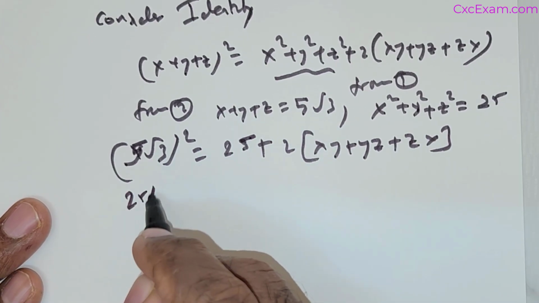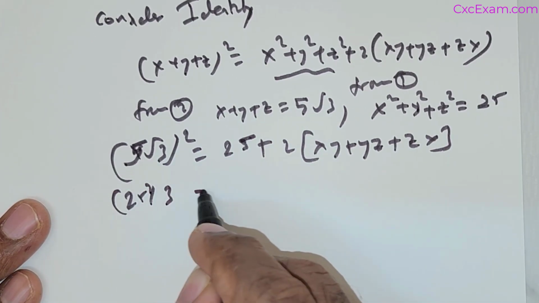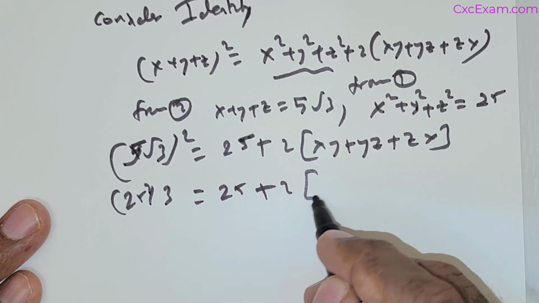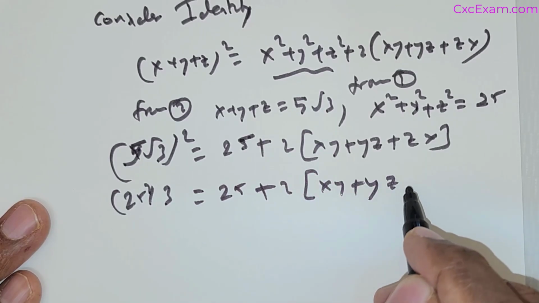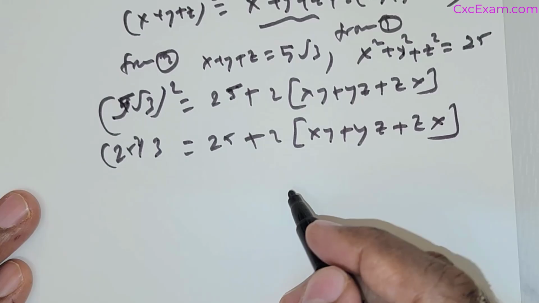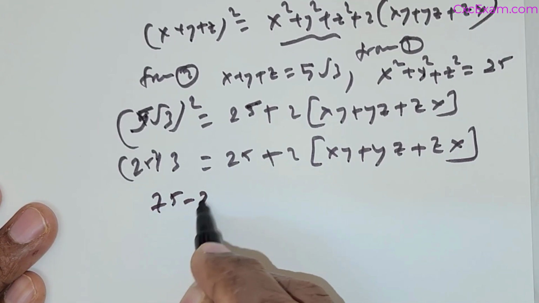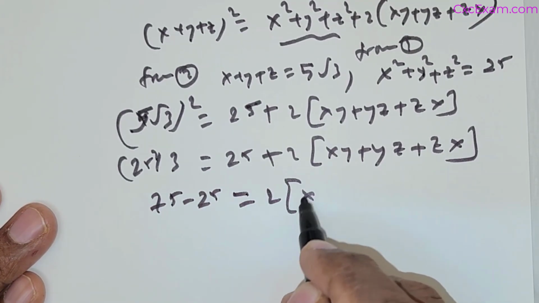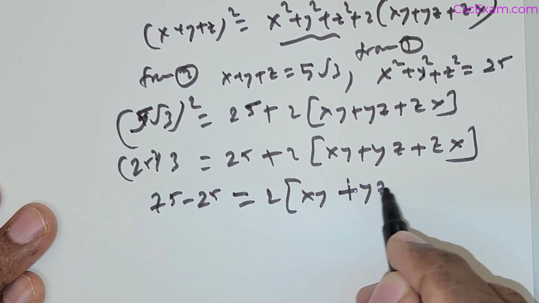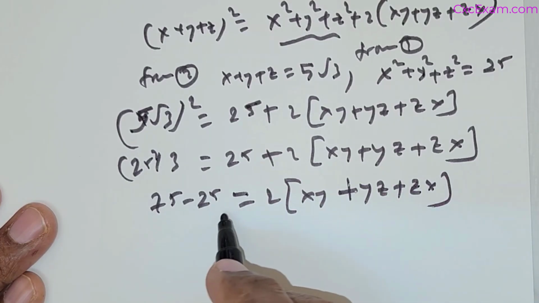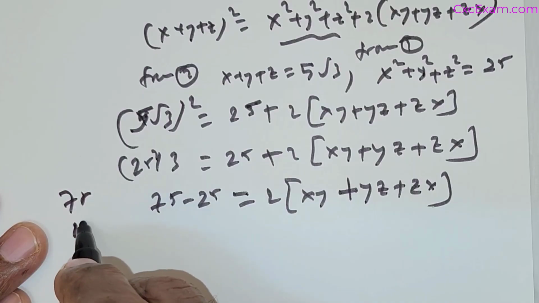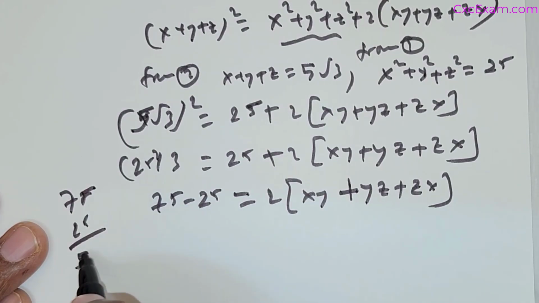So this will give you 25 multiplied by 3 is equal to 25 + 2 times (xy + yz + zx). So this is 75 minus 25 is equal to 2 times (xy + yz + zx). Now from 75 you take away 25, what do you get?